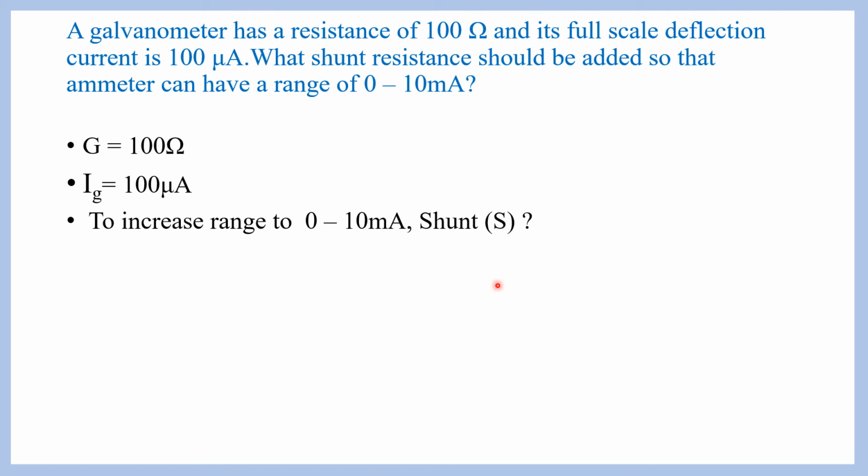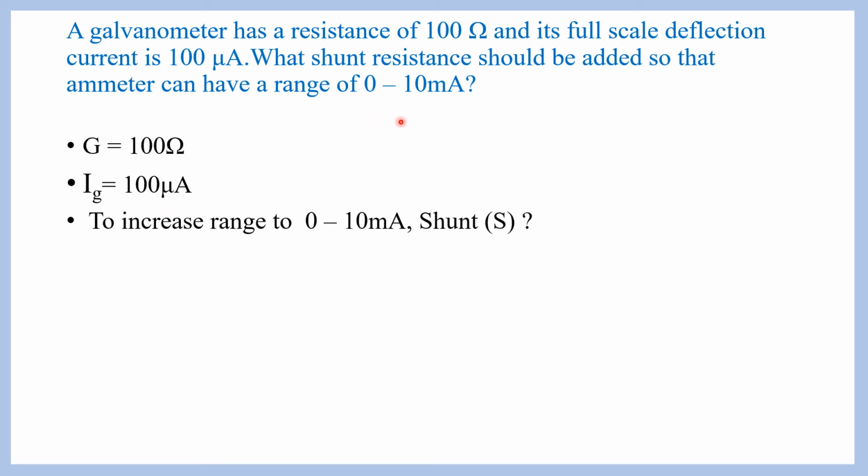We will first try to understand the problem. The galvanometer has a resistance of 100 ohm, means G is equal to 100 ohm, and its full scale deflection current is 100 microampere, which means that Ig, the current that flows through the galvanometer to give it a full scale deflection, is 100 microampere.